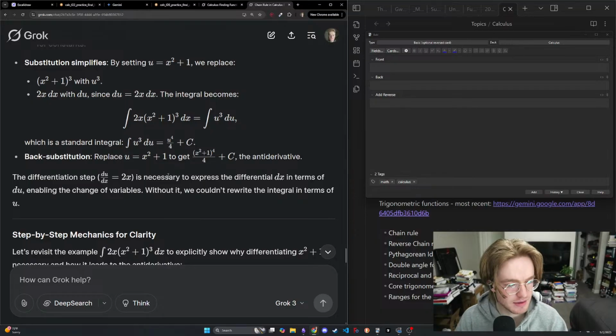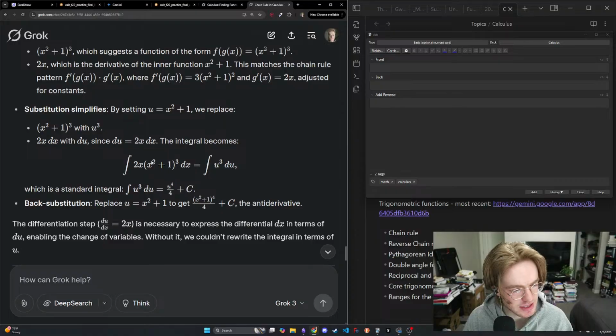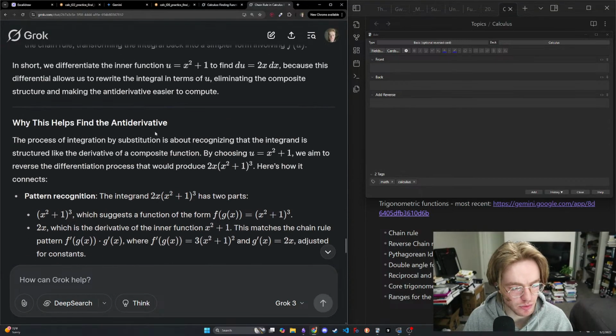Okay, so I think the one thing that I'm not getting is, so I understand that when we're using the reverse chain rule, it is when we have a function of a function.